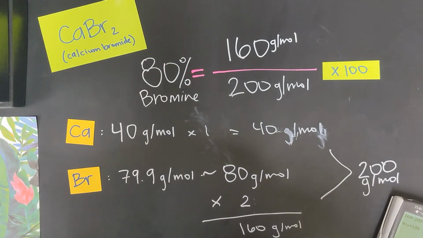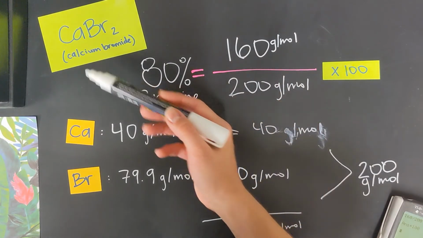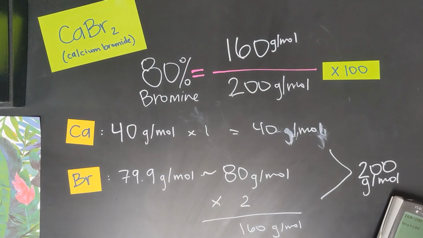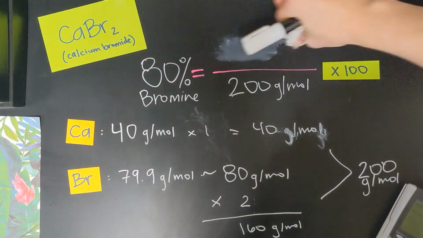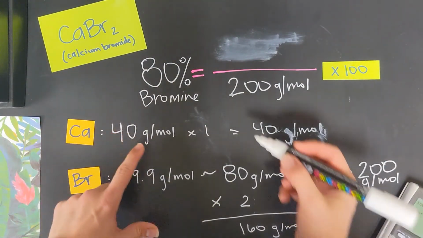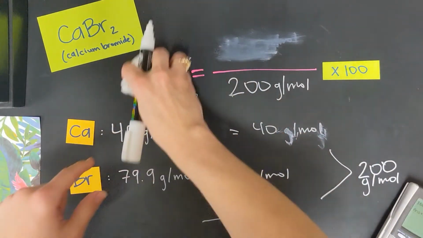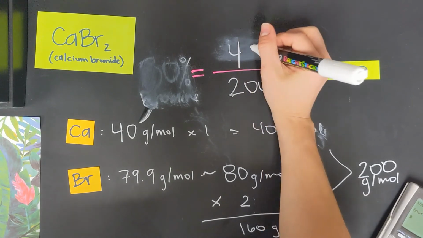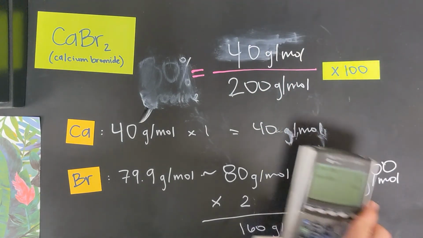To do calcium, we would simply replace this 160 with the mass of calcium, and we can actually do that now. There's a single calcium here, so this would be 40 grams per mole at the top.